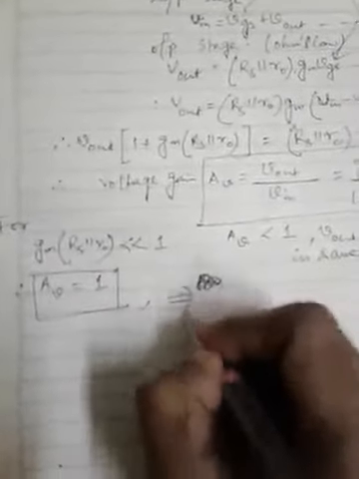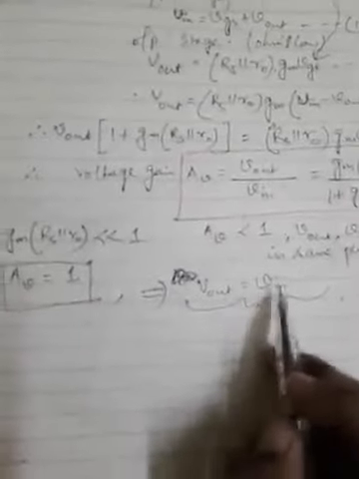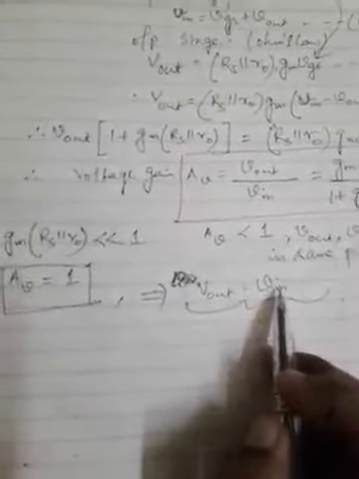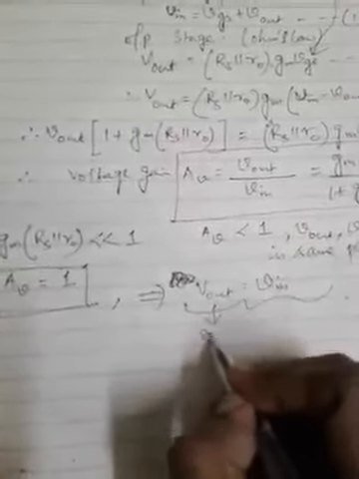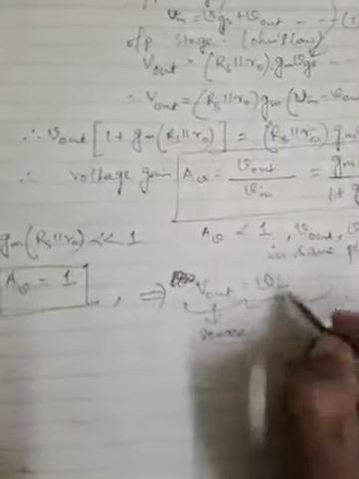Unity voltage gain indicates V out is equal to V in, and therefore the output will always be following the input. Output is taken from the source terminal in this case, and input is provided at the gate terminal.